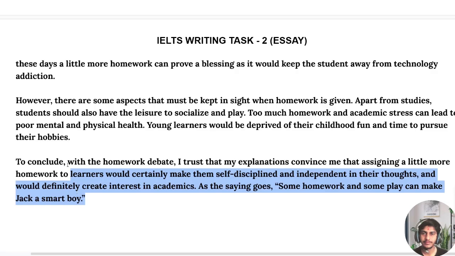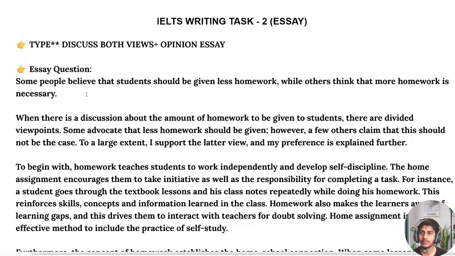So now, first I'll read the whole essay. The essay type is discuss both views plus opinion essay.